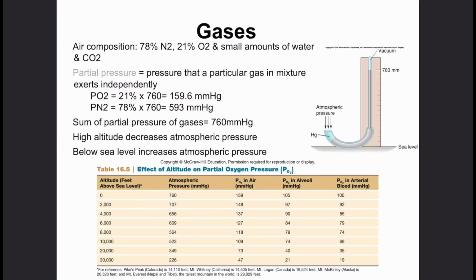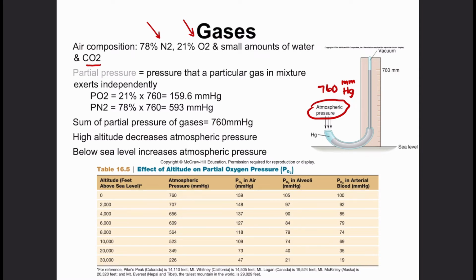So gases, atmospheric pressure is about 760 millimeters mercury, as you can see in this picture, and that is the pressure of the atmosphere. The atmosphere is made up of a few different gases, mostly nitrogen, more nitrogen than oxygen, and then small amounts of carbon dioxide, and even small amounts of water, which is humidity.